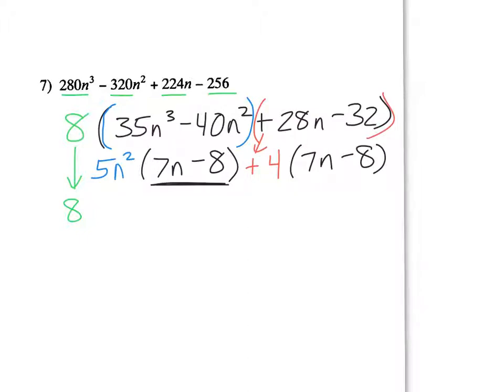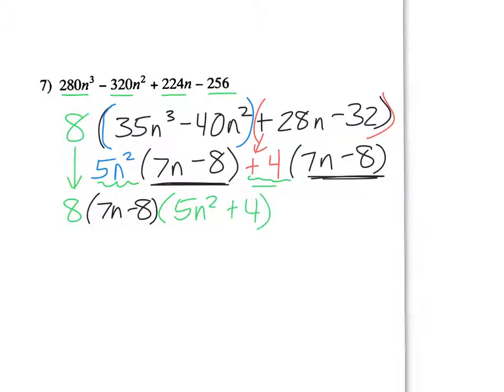And then I'm going to take what I took out and group all of it together. So 5n squared plus 4. Now that's completely factored. So the only difference is here I took the GCF out at the beginning, whereas in number 6, I took it out after I'd factored the groups and looked for it. Again, same thing in different ways.